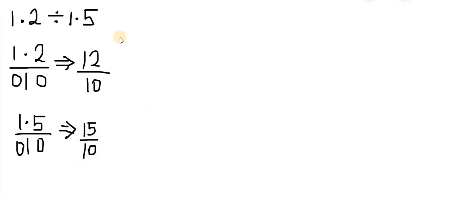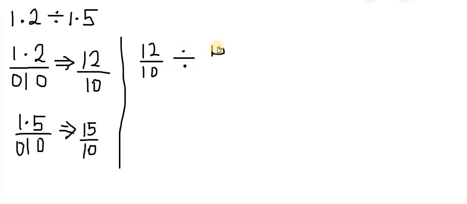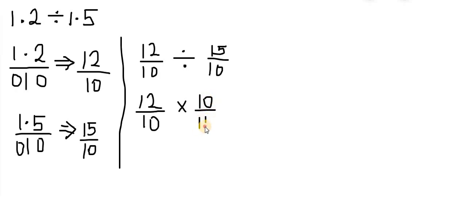Okay, moving on from that, you then say that's 12 over 10 divided by 15 over 10. Dividing fractions, you basically change the sign to multiplication, flip the second fraction, and we're on our way.